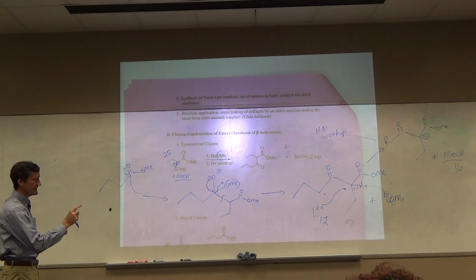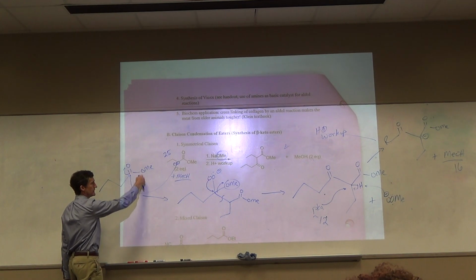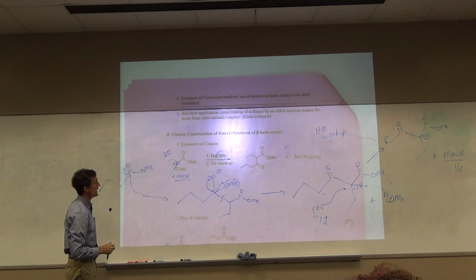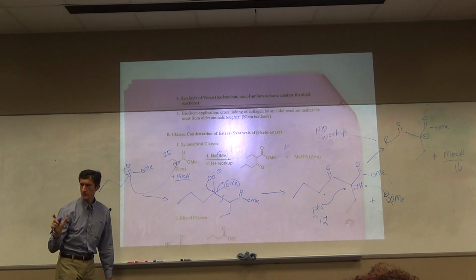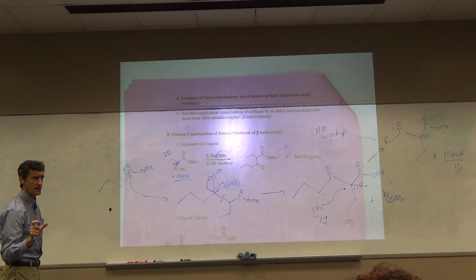So it's an enolate attacking an acid derivative, and esters are the most common to be attacked. And we don't get an alpha-beta unsaturated carbonyl. The Claisen reaction gives what?